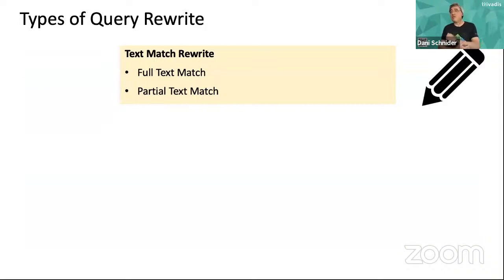What we already saw in the first example is the full text match, the obvious way of query rewrite, and similar is the so-called partial text match. That means we still have the same query, but the select list is not exactly the same. So I can change the order of the attributes, or only a few attributes are in the select. But that's also not very interesting.